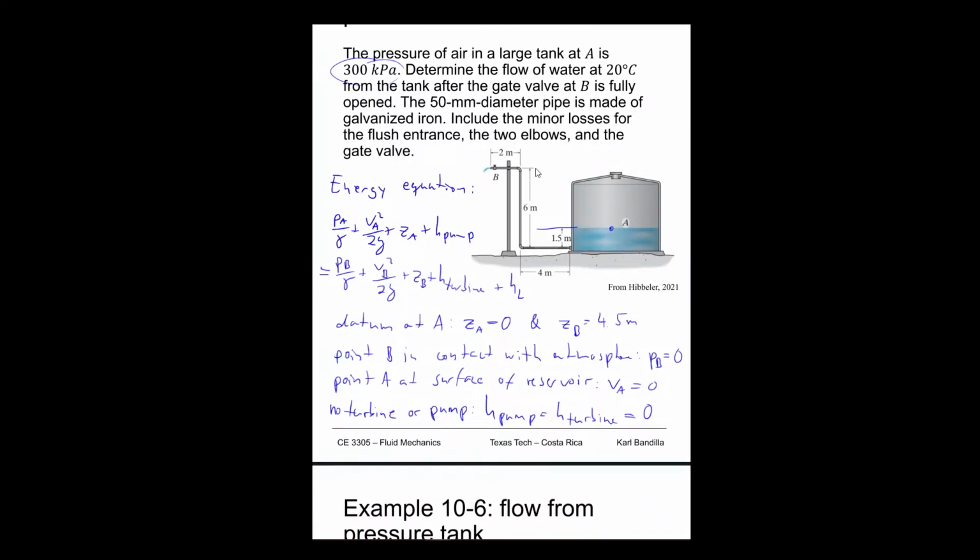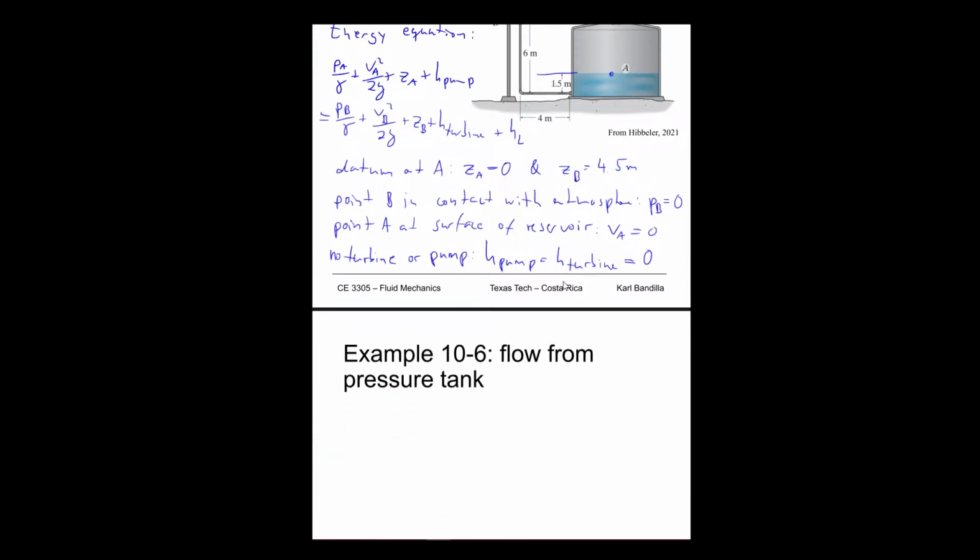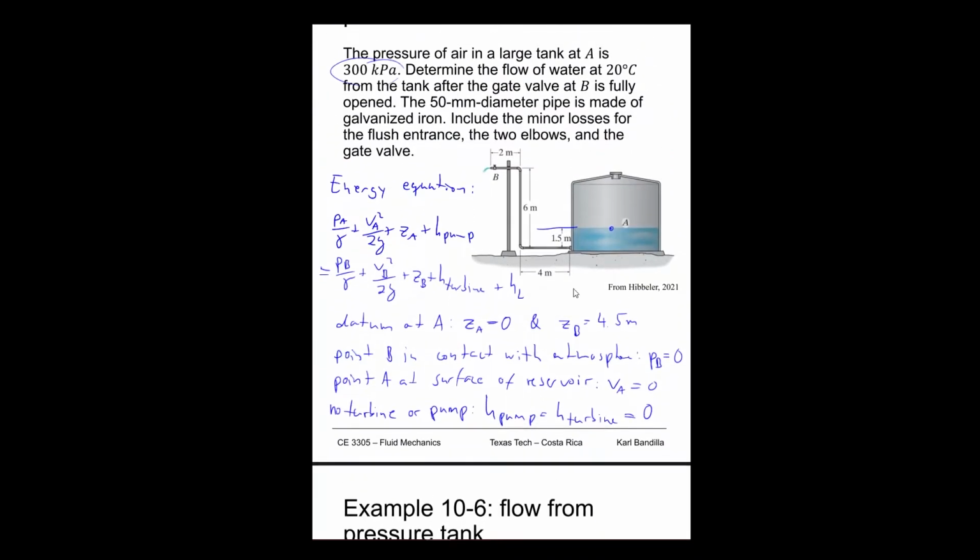And then, so we don't know what VB is, but we know that it's constant along the entire pipe. So maybe just write that down. Constant diameter means that VB, we'll just call V, is the same everywhere.